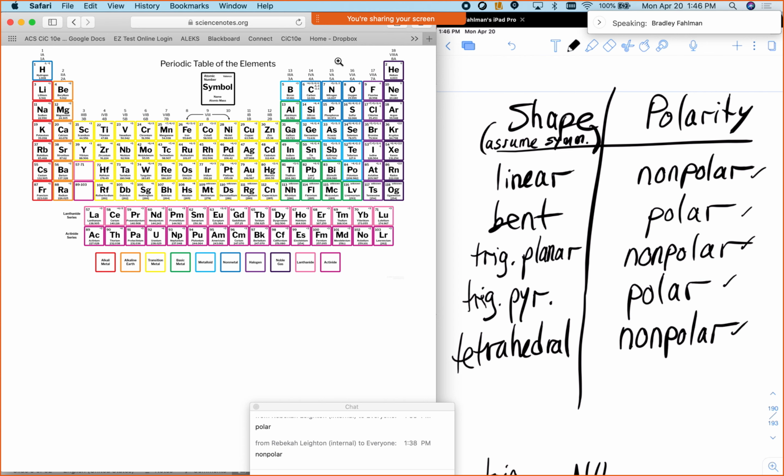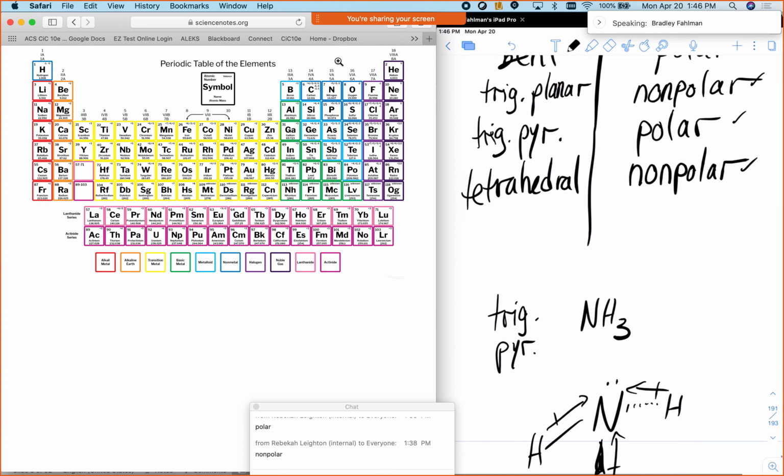And as soon as you break symmetry, so for instance, CCl4, that is a tetrahedral molecule. If you draw its Lewis structure, it's just this.